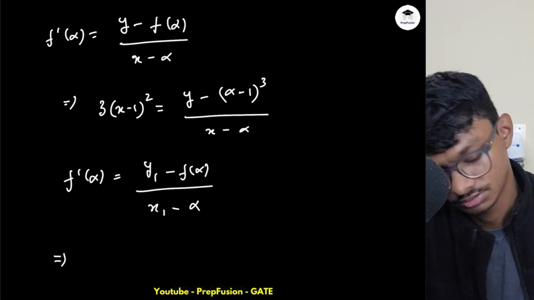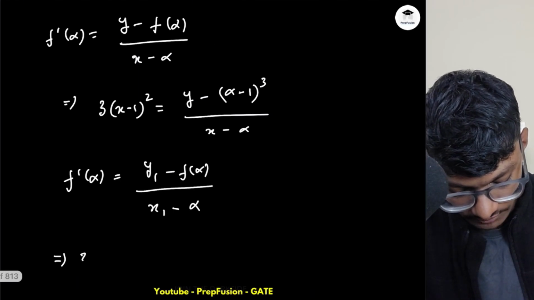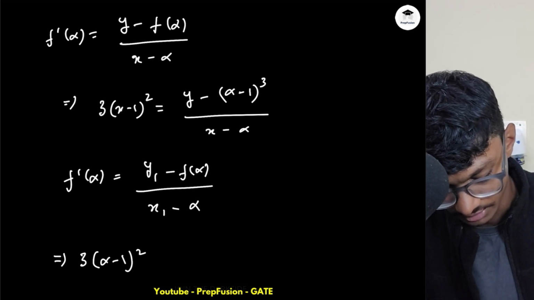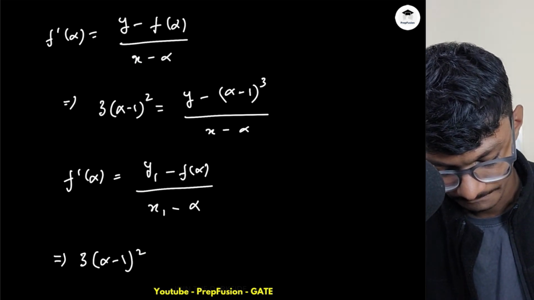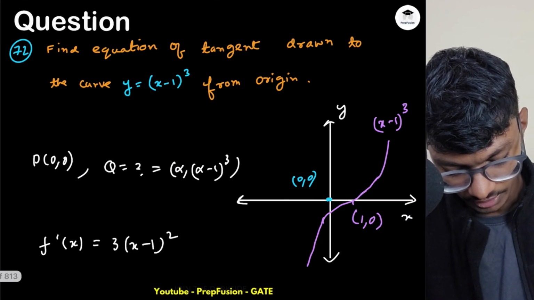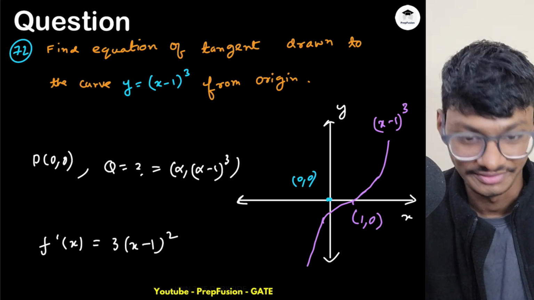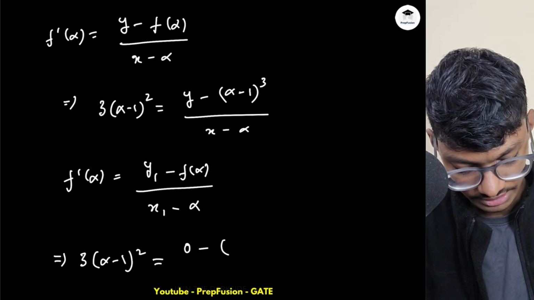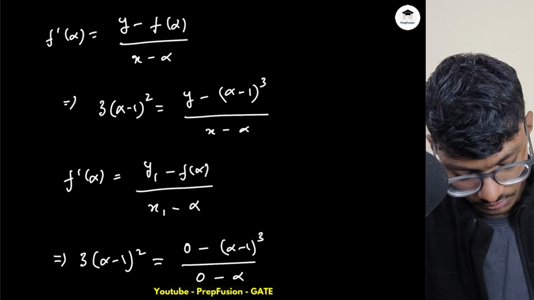My f dash of alpha, putting x equals alpha, is 3 into alpha minus 1 whole square. What is y1? They have given the origin, so y1 is 0. So 0 minus f of alpha, which is alpha minus 1 whole cube, divided by x1, which is 0, minus alpha. So you will solve this.